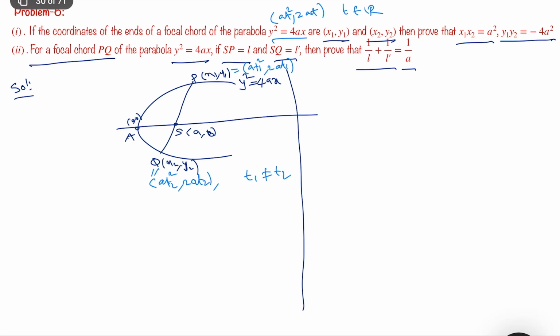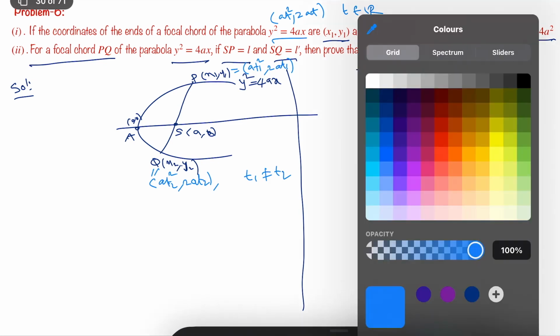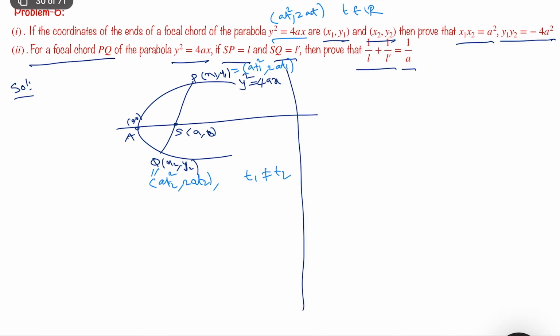Now here PQ is a focal chord. So the focus lies on this focal chord, right? That means here P, S, Q are collinear.